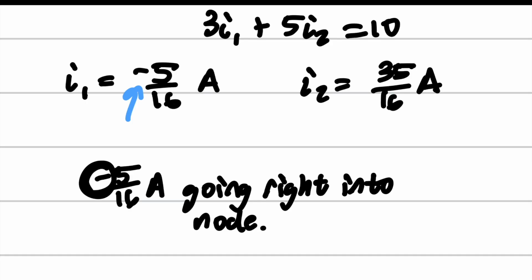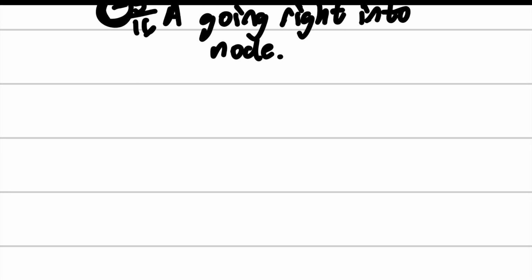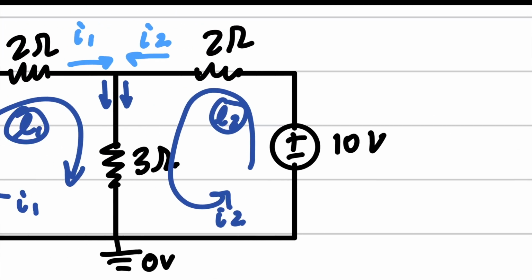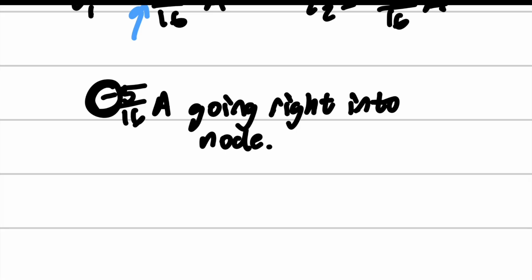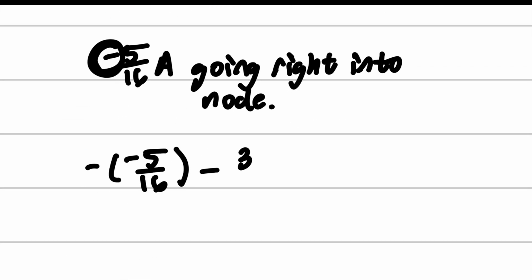What do I mean? So we're going into the node. A negative 5/16 is going into the node, negative 5/16 minus 35/16, because it's going into the node as well, plus I3 equals 0.